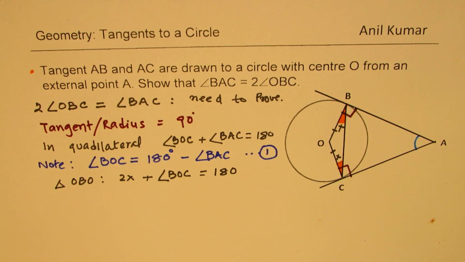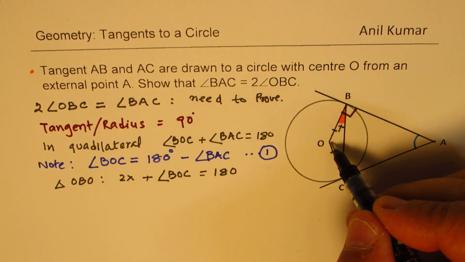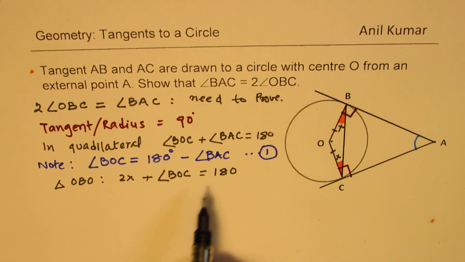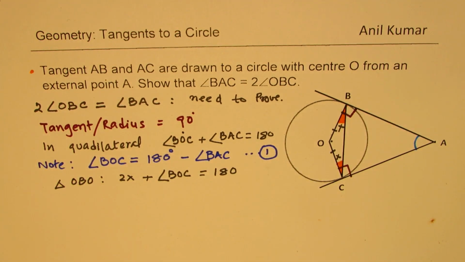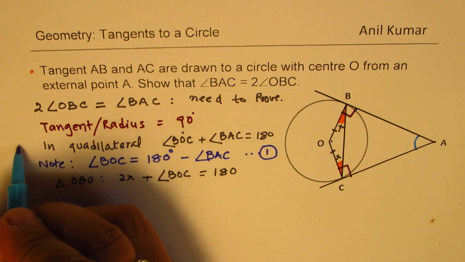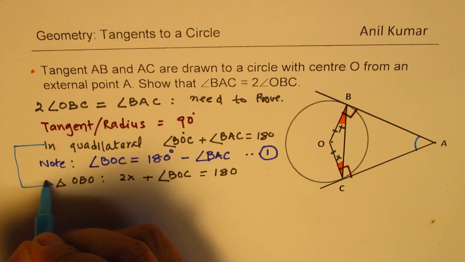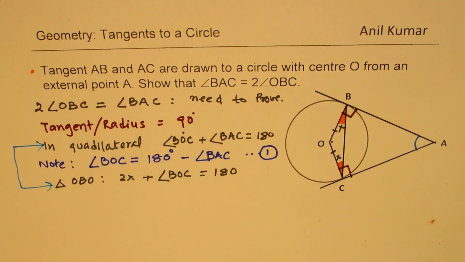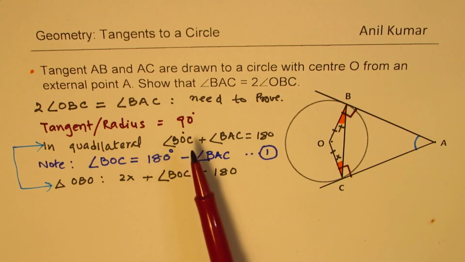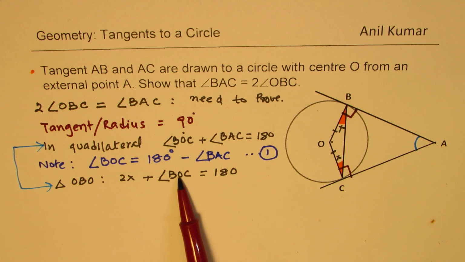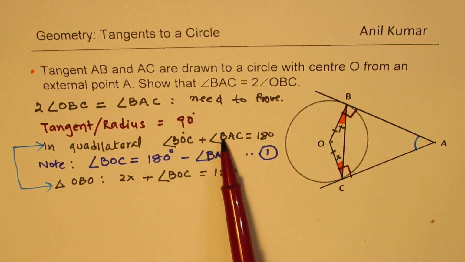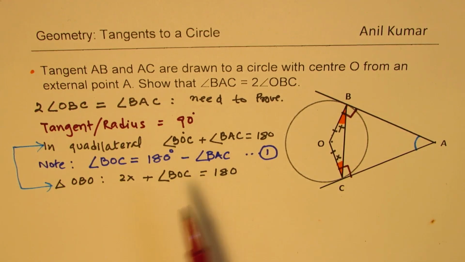Is that clear? All right. But that angle is this angle, right? So if I combine these two statements, I'm saying that 180 degrees is equal to BOC plus BAC, and 180 degrees is also equal to BOC plus 2x. That means what?